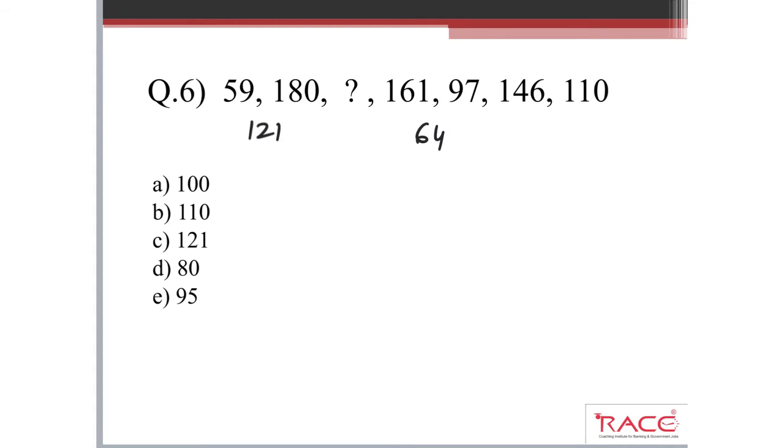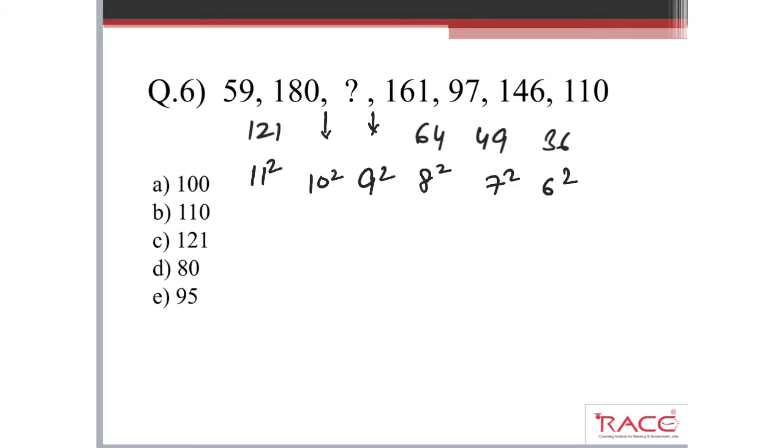Here 46 plus 49, and here we have a difference of 36. So you can see these are all square values, and here these values are decreasing. 11 square, this is 8 square, 7 square, here 6 square. So here it will be 9 square, here it will be 10 square.